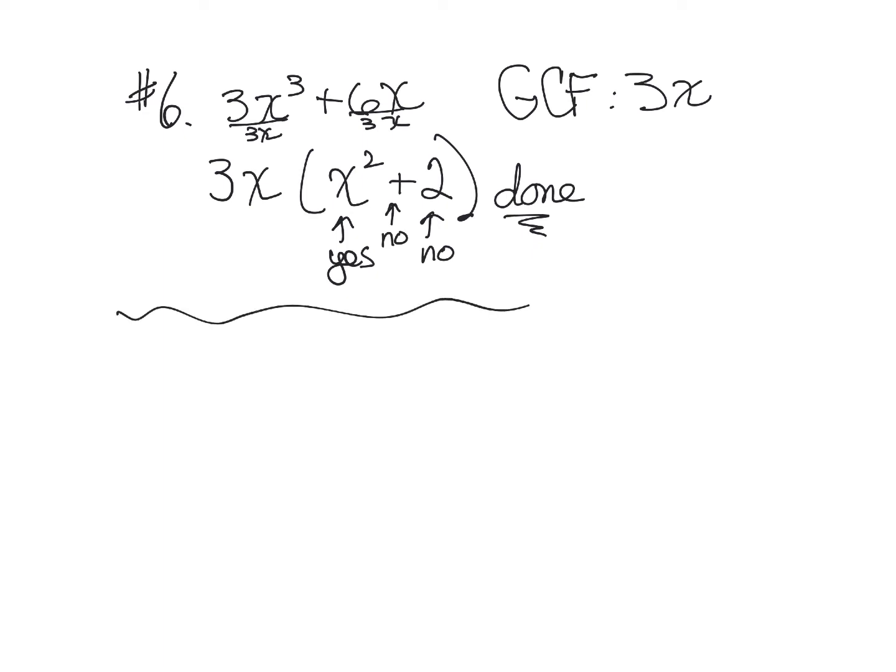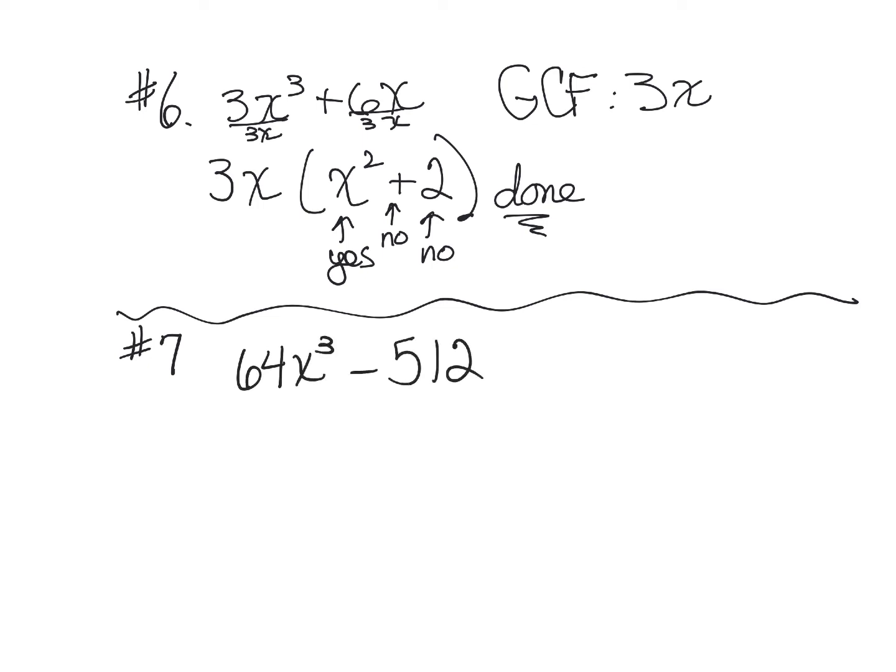Okay, I can probably get number 7 on this same page. You look at 64x cubed minus 512. First of all, we've got to see if they have any greatest common factor. So I think of 64 as 8 and 8, which is 2 and 4, so it's all 2's, six 2's.